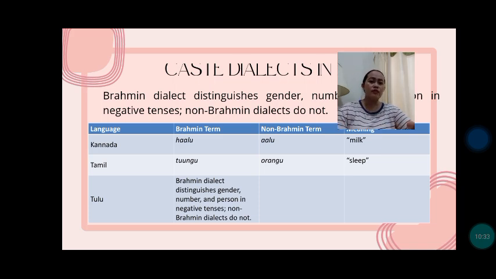In Tamil, Brahmins say tongo for sleep, while non-Brahmins say orango. In Tulu, Brahmin dialects are more grammatically complex, distinguishing gender and number, while non-Brahmin dialects are simpler. These examples show how language becomes a marker of caste identity, reflecting social hierarchy and group belonging.